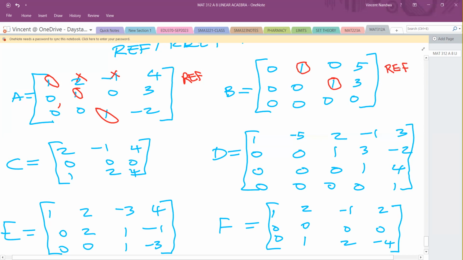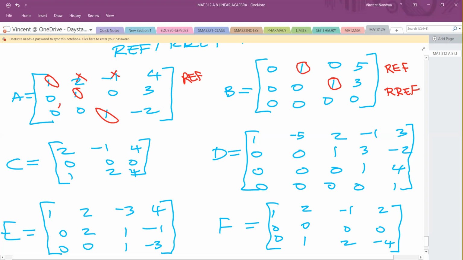And can we say it is in reduced row echelon form? Yeah, it is also in reduced row echelon form because it satisfies all the conditions of echelon form, and the leading ones happen to be the only non-zero elements in their respective columns. So this is also in reduced row echelon form.